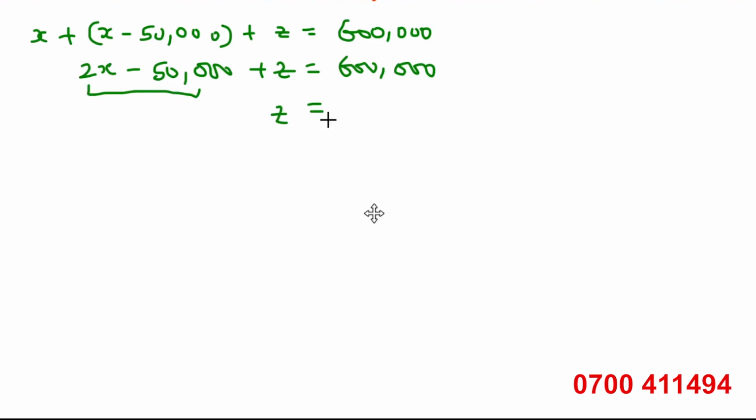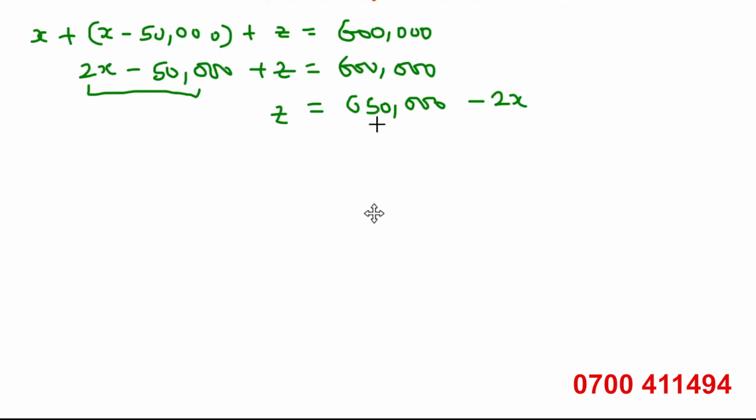So z is 600,000 plus 50,000, which is 650,000. This minus 50,000, when it crosses becomes positive, so it adds, and we end up with 650,000, and then minus 2x. So we have our new expression for z.